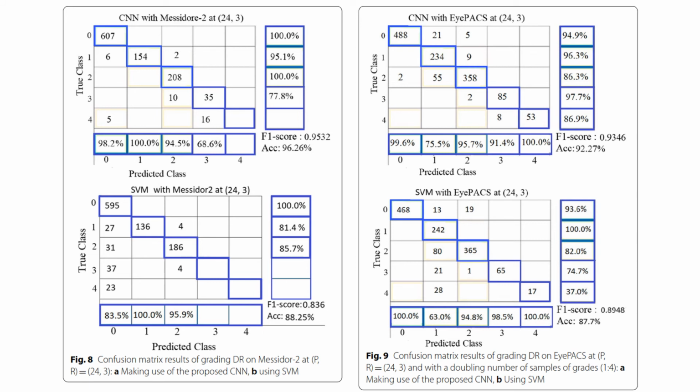In the case of the support vector machine using the same pairs, the best in Messidor 2 is 83 F score.